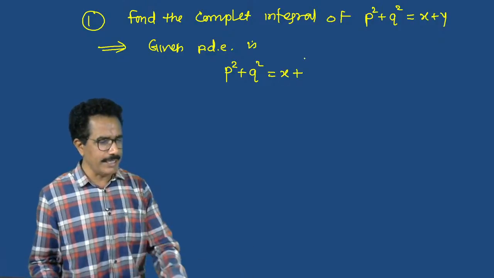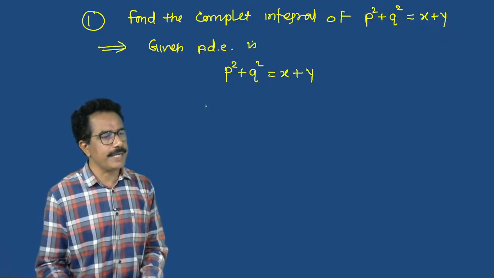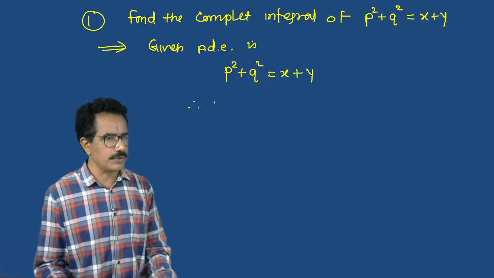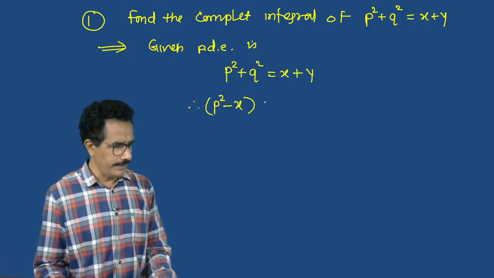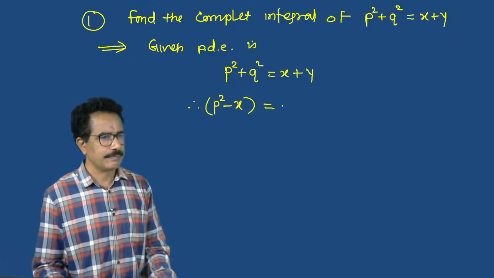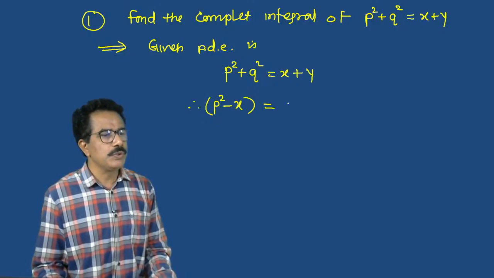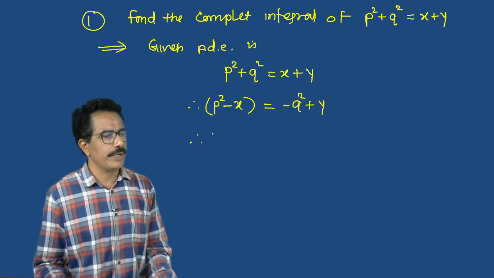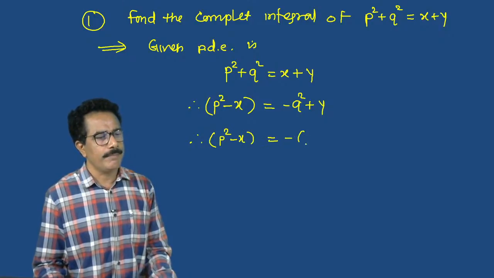So we can write this in the separation form. We can write p square minus x which is equals to minus q square plus y, so p square minus x which is equals to minus common of q square minus y.